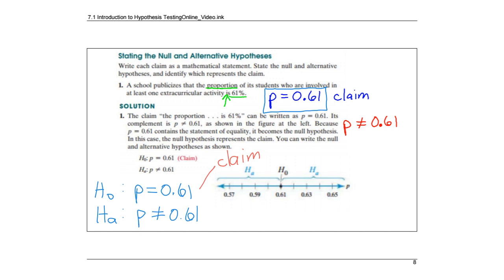They're not saying greater than 61%. They are saying that their proportion of students who are involved in at least one extracurricular activity is 61%. So that's the only value we're looking at for the claim. Therefore, for the alternative, it could be down on this end, on the less than 61%, or it could be greater than 61%. All right, let's try another one.